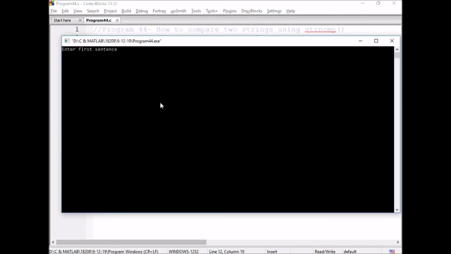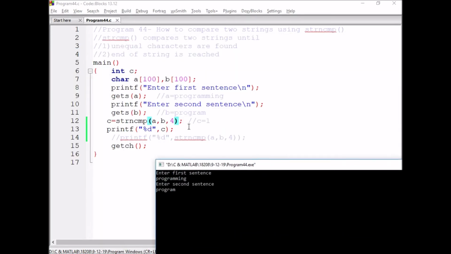Enter the first sentence. I am entering programming. Second program. If we give the string comparison strcmp, then the result we expect is 1. But here we are giving strncmp and telling the compiler, you should compare only these strings until the 4 characters.